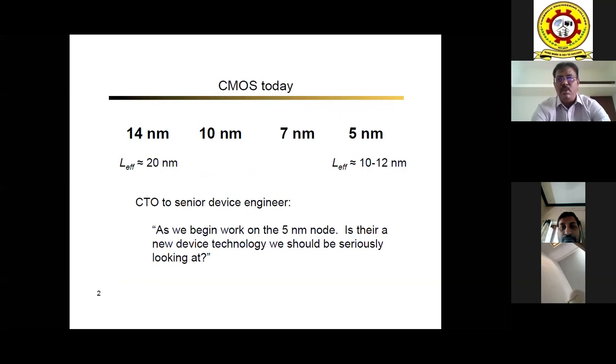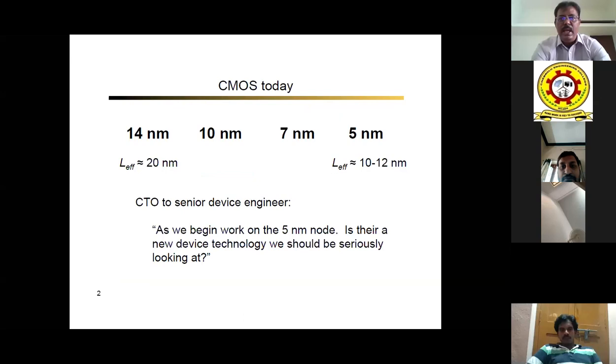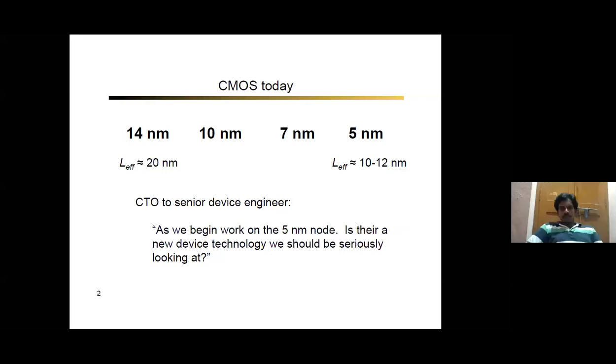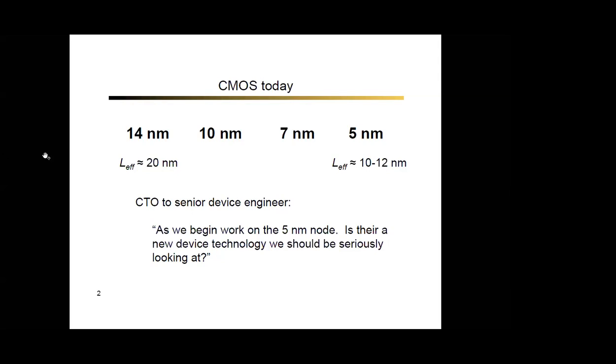One is TSMC, that is Taiwan Semiconductor Manufacturing Company. The other one is Samsung, our mobile company, the cellular company. These two companies have already successfully implemented it, but it has not been commercialized yet. So right now the technology is revolving around 5 nanometers.